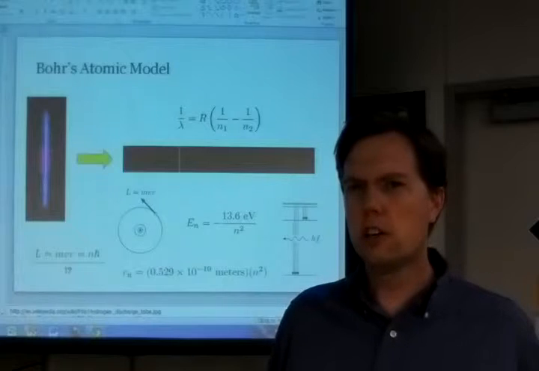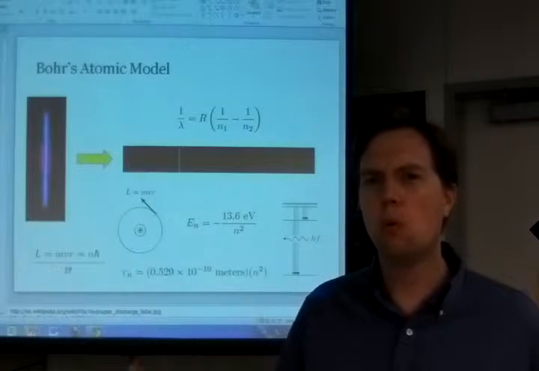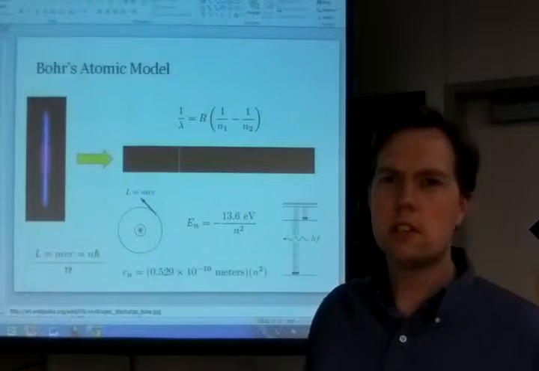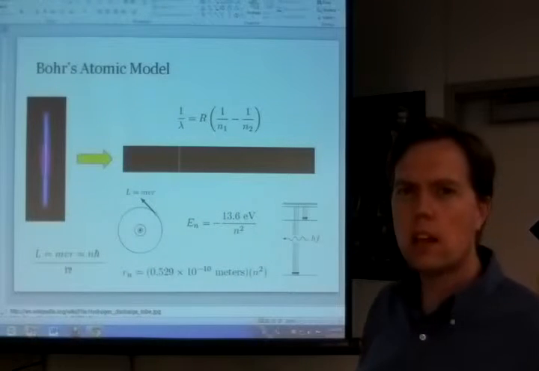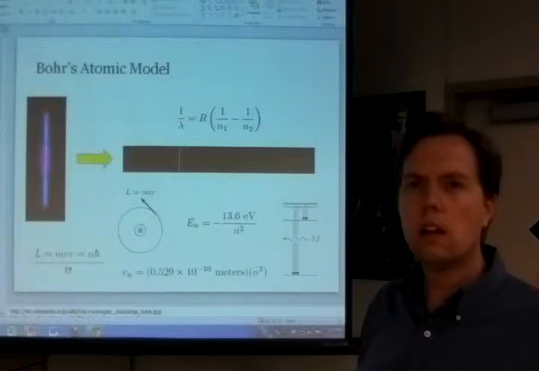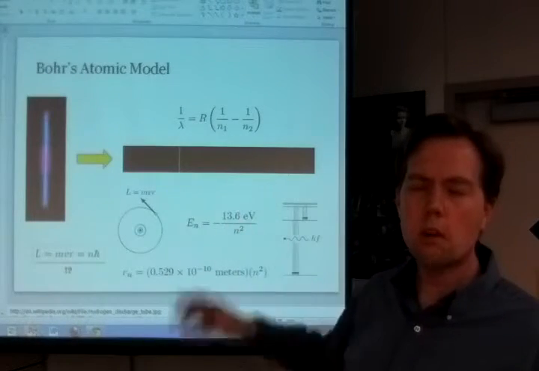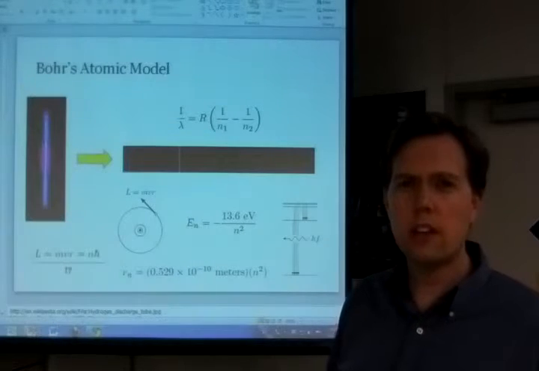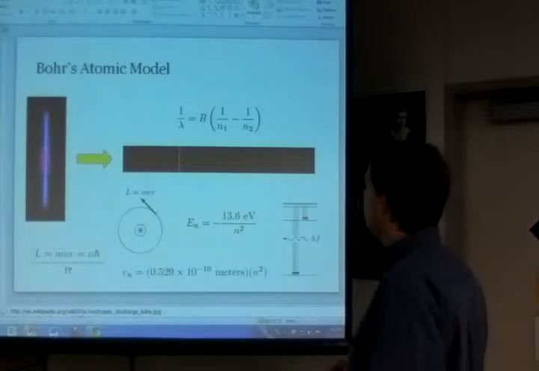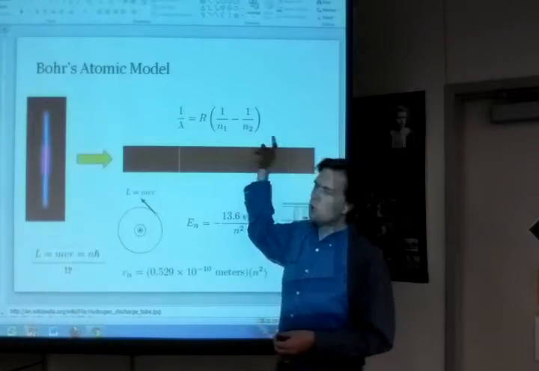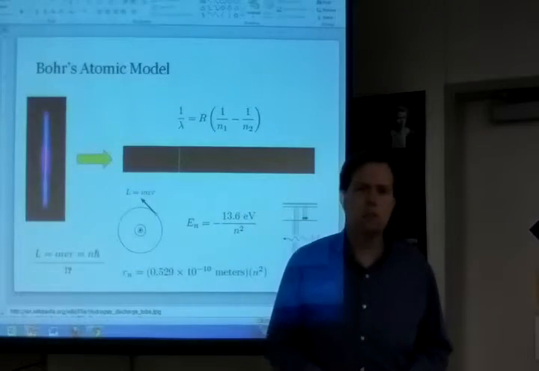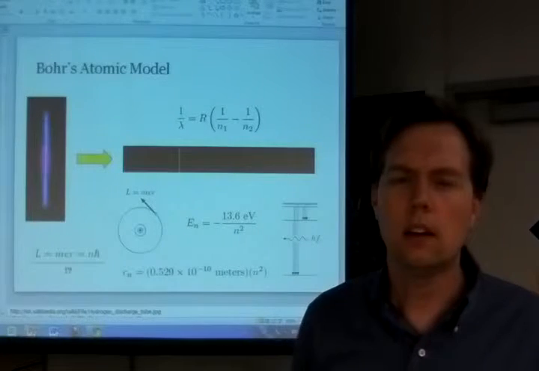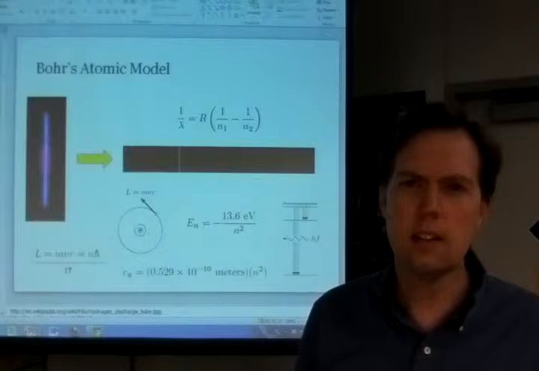So, hydrogen is the simplest possible atom. You've got one proton, one electron. And so a lot of emphasis initially was on investigating the spectrum of the hydrogen gas. And this equation was discovered kind of empirically in the 1880s.